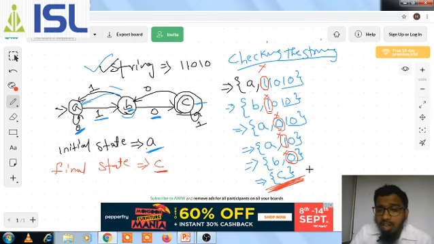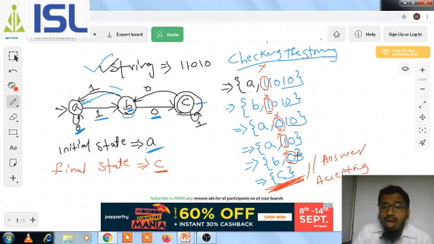This is the answer, so that means it is accepting. After checking the given string, we are getting the final state. That means this string is valid.